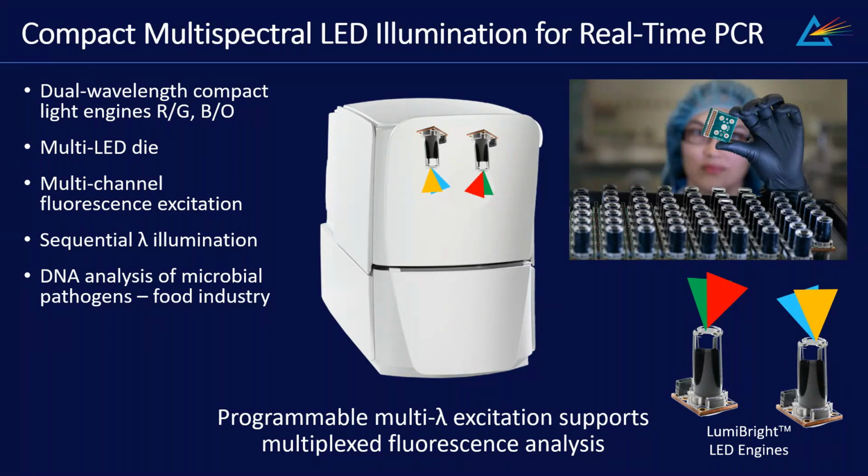In this example, the compact LumiBright LED light engines are used to support multiplexed fluorescence measurements in real-time PCR systems for food safety. Multiple independently controlled wavelength channels allow different fluorophores to be excited sequentially during the measurement cycle, while maintaining stable optical output and precise timing control.